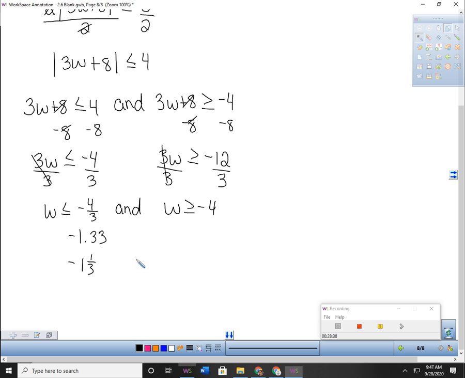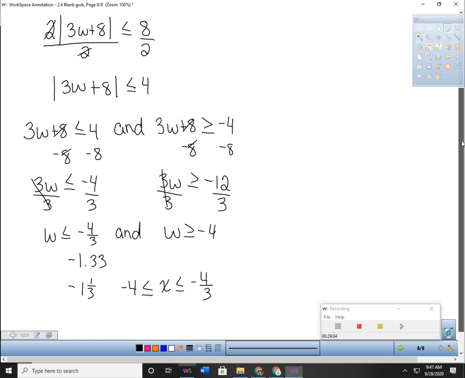Alright, negative 4 would be smaller, so negative 4, x in the middle, and then negative 4/3. If you're pointing at the negative 4, still be pointing at the negative 4. We're pointing at it, we're using W, but that's fine. It doesn't matter to me what letter you got.